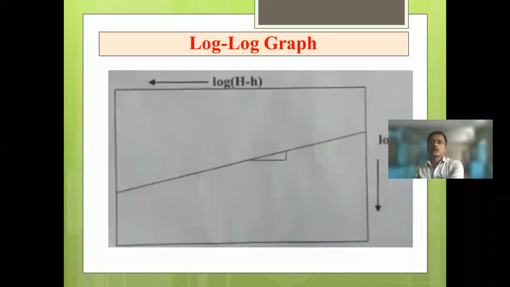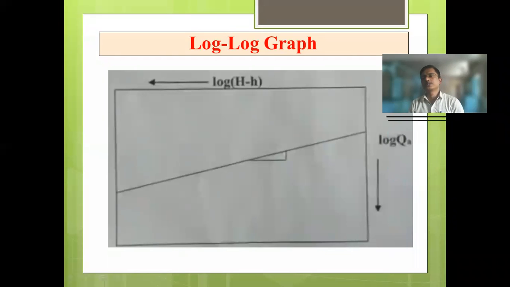This is the log graph paper. On this graph paper, we can put these values. Log on the x-axis, abscissa, log of capital H minus small h, and on the y-axis, that is ordinate, log of actual discharge, log QA. Here, this value will be negative.